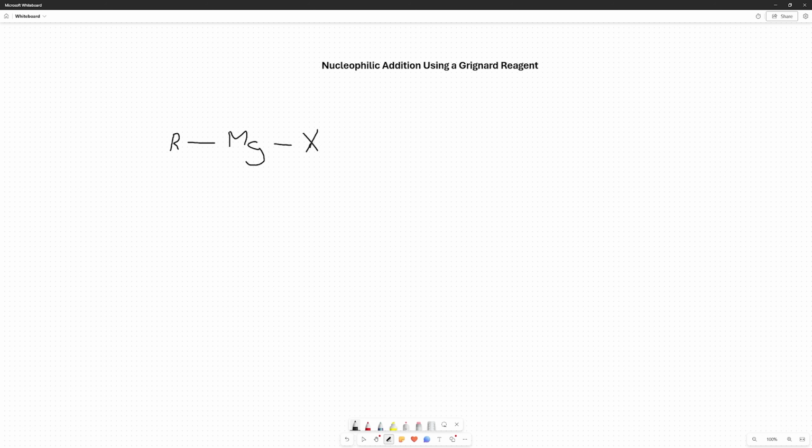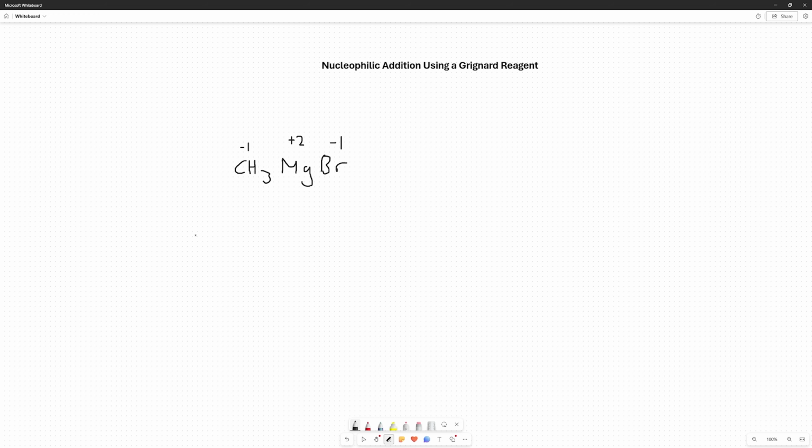So the most basic Grignard reagent would be a methyl Grignard. So that's going to be CH3MgBr as the example. And what happens here is because magnesium has a +2 charge, bromine only has a -1, that's going to mean to balance this charge, this carbon must be holding a -1 charge, which is very unhappy.